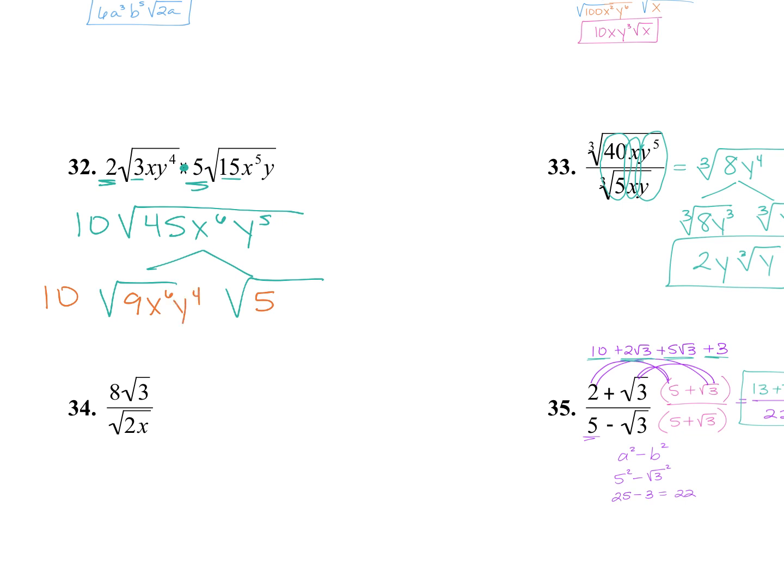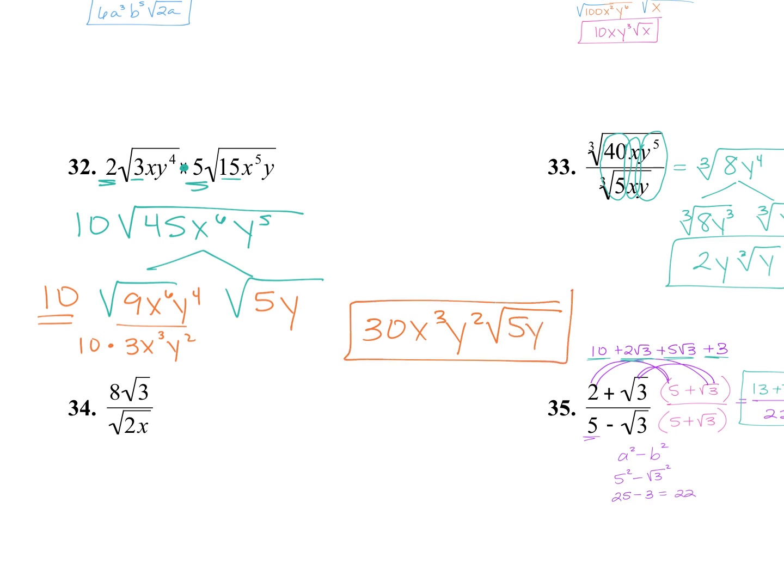Y to the 4th is going to leave you with a y over on the other side. So this becomes 3x to the 3rd, y to the 2nd, but we're still multiplying by that 10 out in front. So it's going to be 30 x cubed y squared times the square root of 5y.